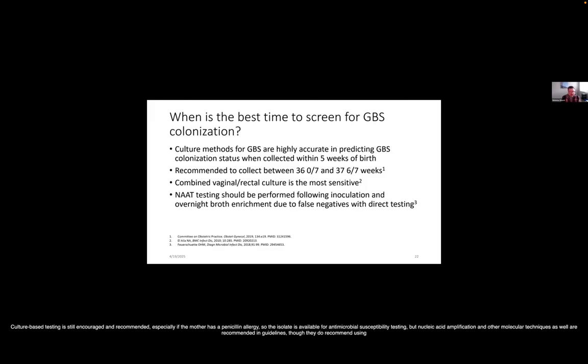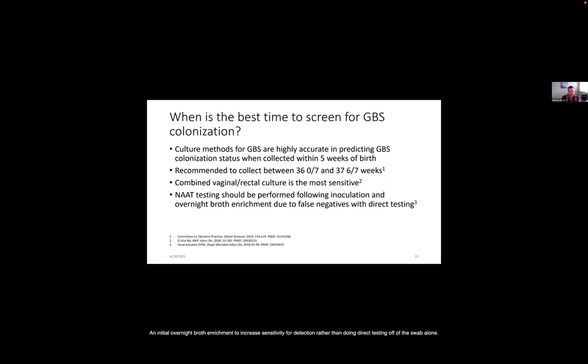Culture-based testing is still encouraged and recommended, especially if the mother has a penicillin allergy, so the isolate is available for antimicrobial susceptibility testing. But nucleic acid amplification and other molecular techniques are also recommended in guidelines, though they do recommend using an initial overnight broth enrichment to increase sensitivity for detection rather than doing direct testing off of the swab alone.